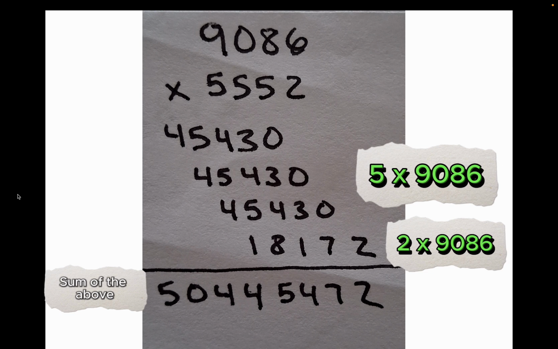So we move 45,430 over 1, move it over 1 again, and then we take 2 times 9,086, and we come up with 18,172. When we do all the additions, you get the answer to the question. All you really had to do here was multiply 2 single digits by 9,086 and then do the corresponding addition.